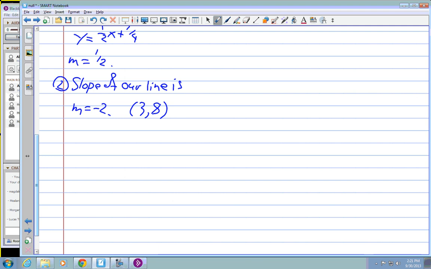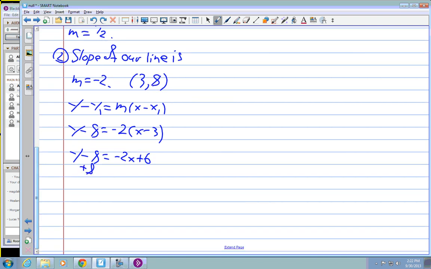So the rest is simple. We'll just set it up. I like using this formula to set this up. You need to know your equations of the lines and all that. So plug everything in. Y minus 8 equals -2 times x minus 3. And then just simplify that. Add 8 to both sides.